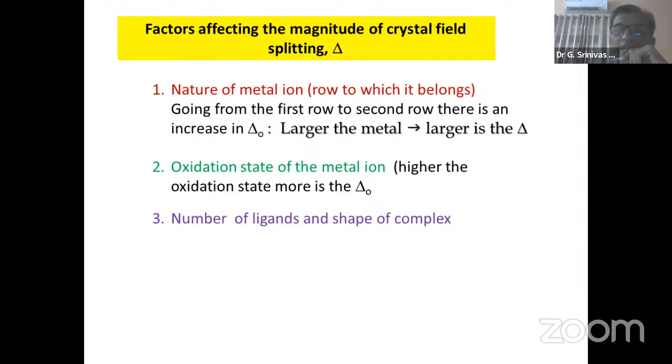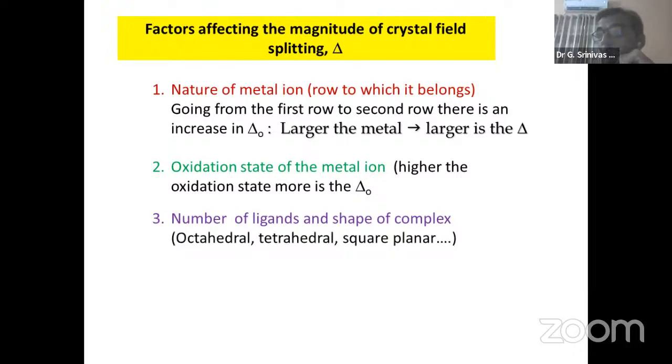So the number of ligands and shape of the complex affect the magnitude of the crystal field stabilization energy, whether octahedral, tetrahedral, square planar, or even distorted octahedral, tetragonal. The shape and the number of ligands affect the crystal field stabilization energy.